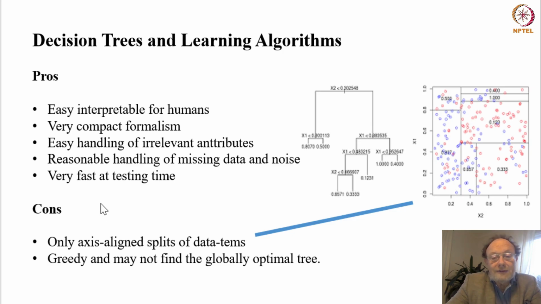Another thing is that typically these algorithms are greedy in the sense that they always try to find an optimal local decision, which means that they don't backtrack. They never go back and change earlier decisions. So this means that because they are greedy, they may not find the globally optimal tree.